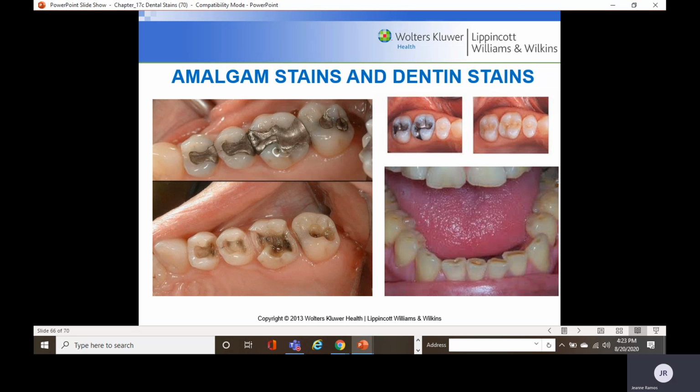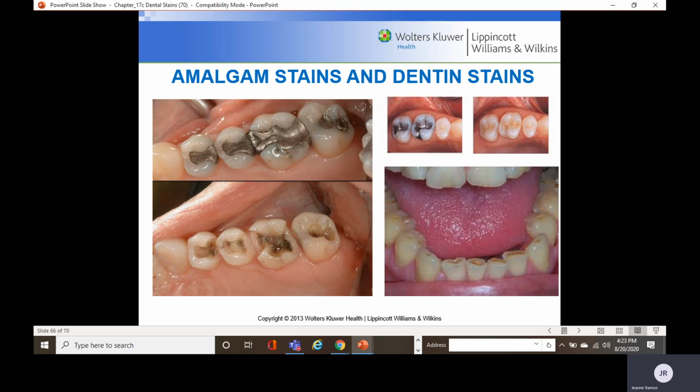There's a very small amount of mercury in amalgam restorations, and it's the mercury that's leaking into the tooth. Some people get really nervous about that because mercury is very toxic. I've never heard of anyone who died from their amalgam leaking into their tooth.